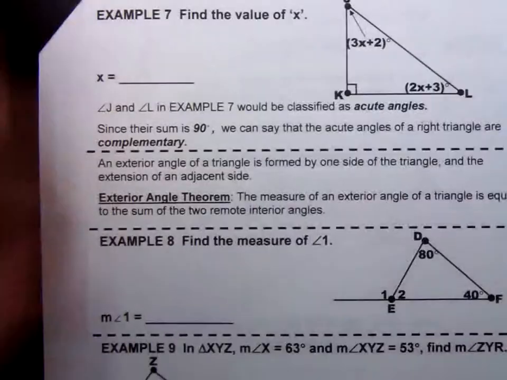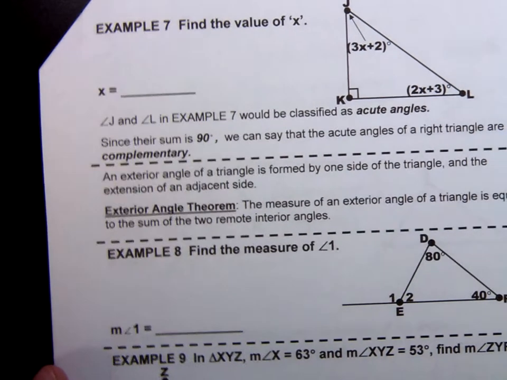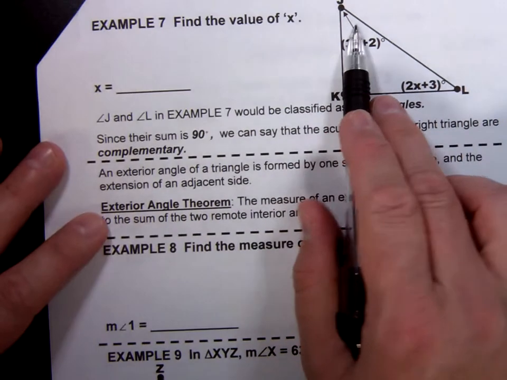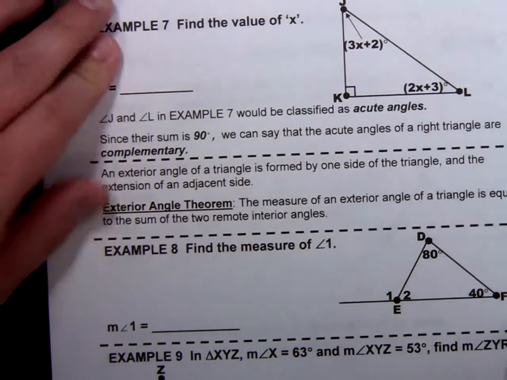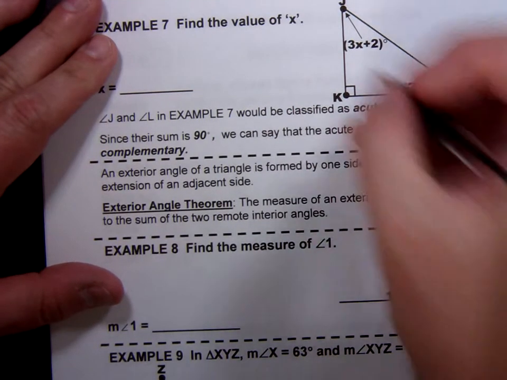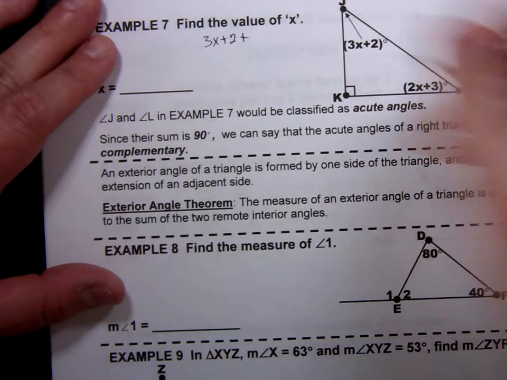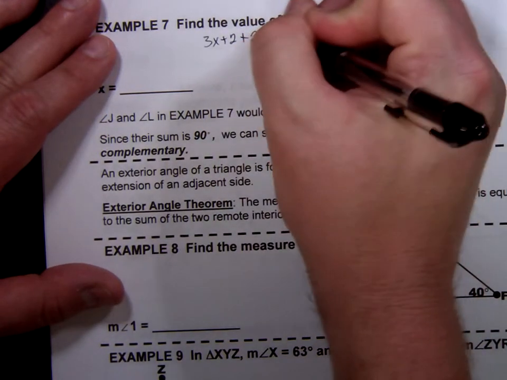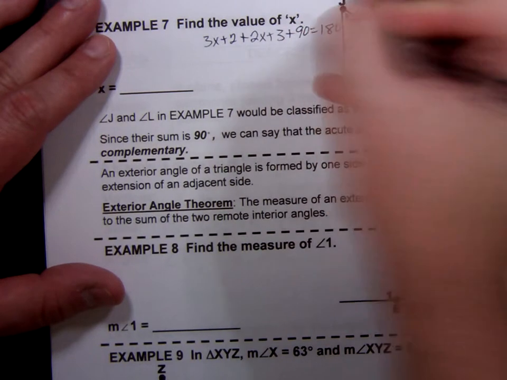All right. Let's do example 7. Find the value of x. So again, remember the 3 angles in a triangle always add up to 180 degrees. So I got 3x plus 2 plus 2x plus 3 plus 90 equals 180. Remember, a right angle is always 90 degrees.